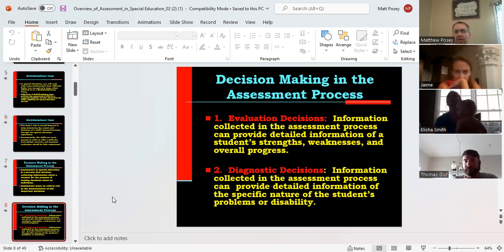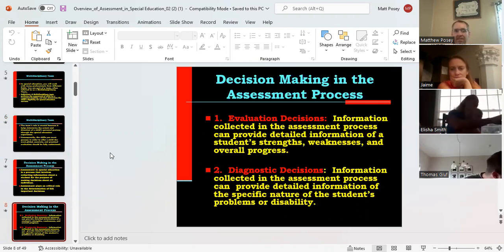Decision making. As you well know from your experiences, we don't just send in a referral and the child is placed in a special education class. There is a process we have to work through to determine eligibility for services. First, we want to look at evaluation decisions. That's when we're collecting information in the assessment process.